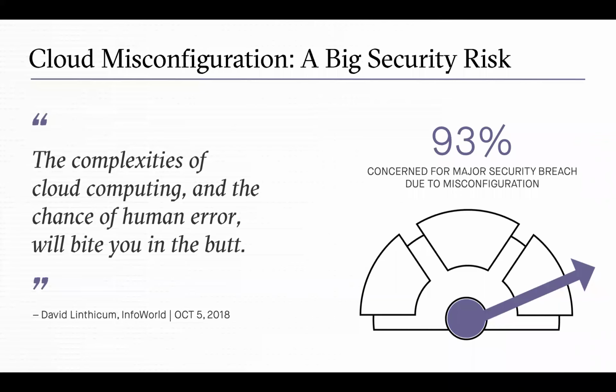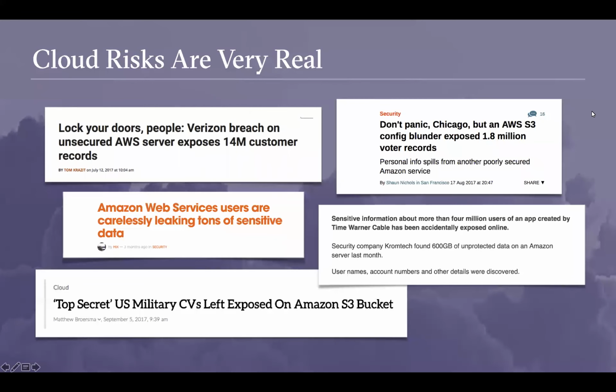So I might change the word chance in this quote to the inevitability of human error. It's just too complex for humans to handle, and that's no one's fault. That's because the cloud is feature-rich, because it can do many things.